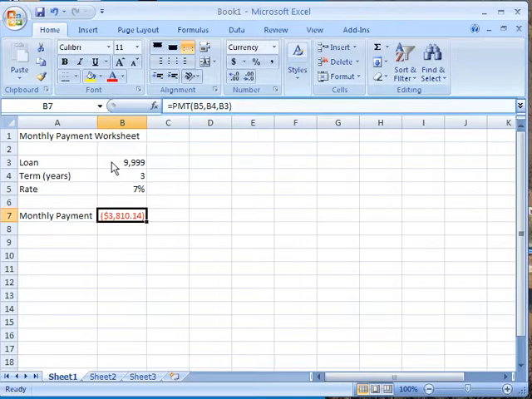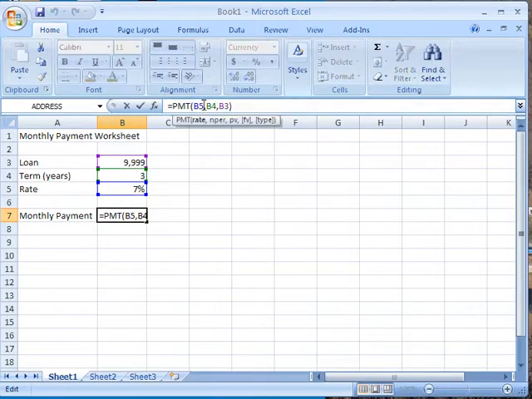Let's take a look at the equation again. If I have a 7% interest rate, what is the rate per month? You have to divide it by 12. Likewise, how many payments am I going to be making if it's monthly?